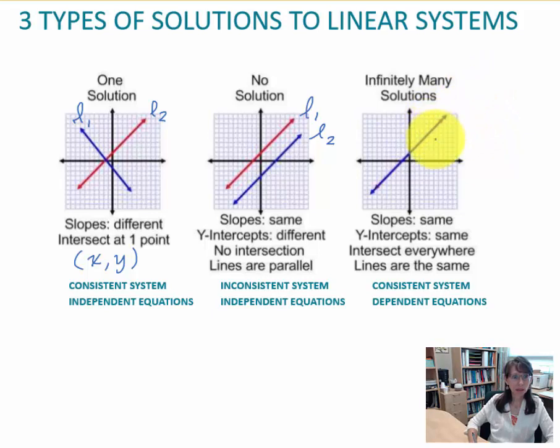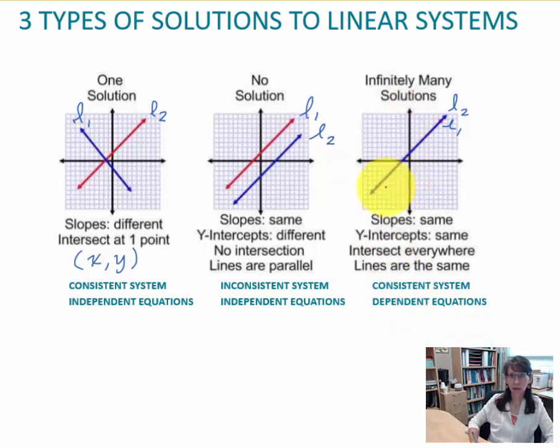And the last example is a little harder to tell what's going on here. You can barely see in red there, a little arrow, that's line 1, and the other is line 2. So you can notice line 1 and 2 are the same line. So those are a consistent system and dependent equations.